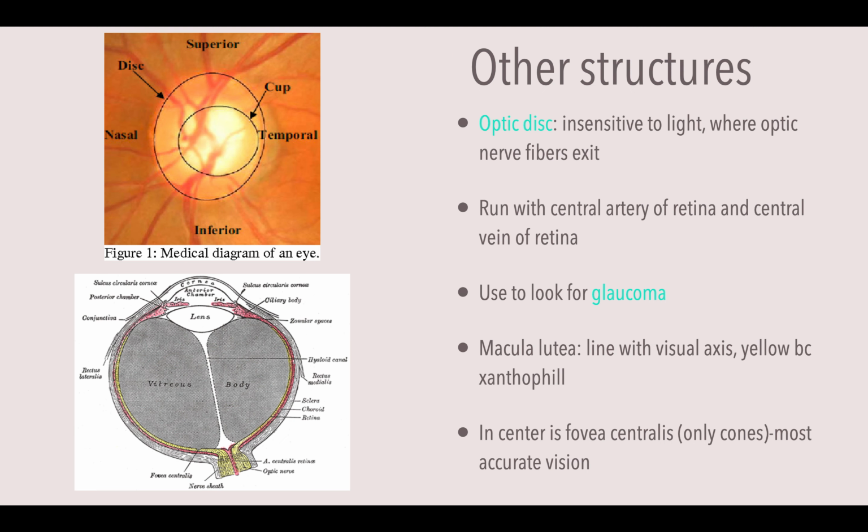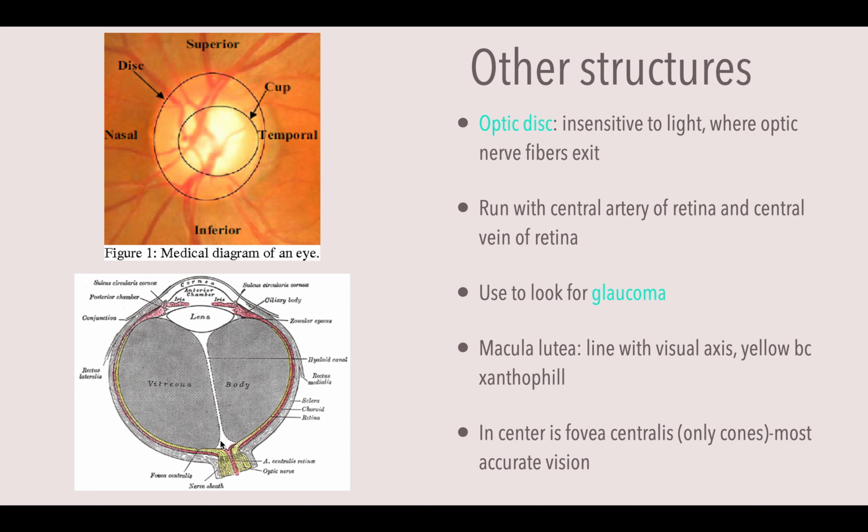Okay, so the other structures, important to know, optic disc. This is where your optic nerve fibers exit, so this is not going to respond to light. It's going to run with the central artery of the retina and the central vein of the retina. So these are the only two structures besides the optic tract that run through the eye, through the hyaloid canal.